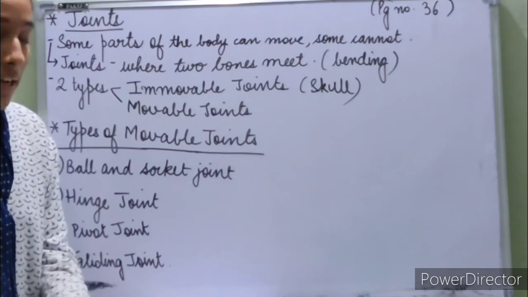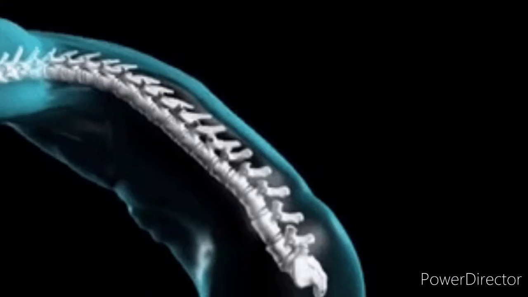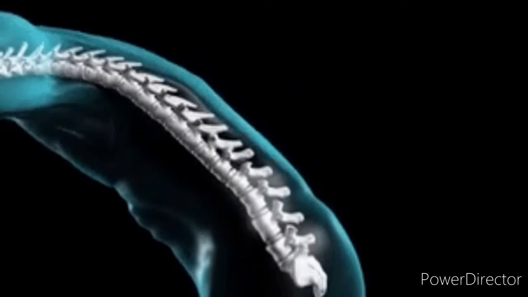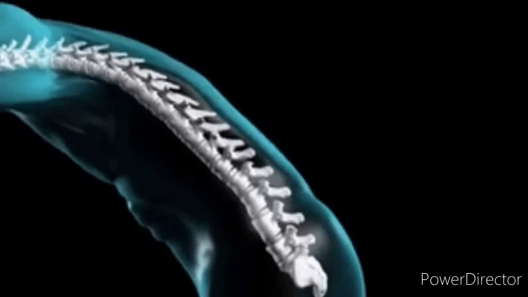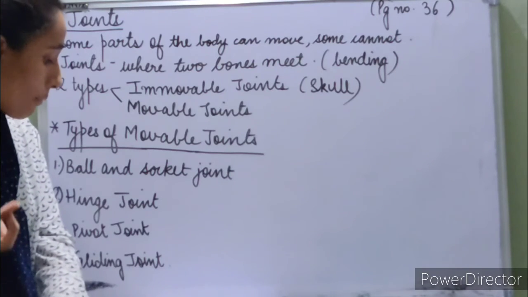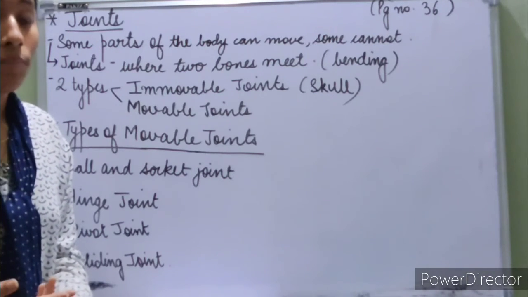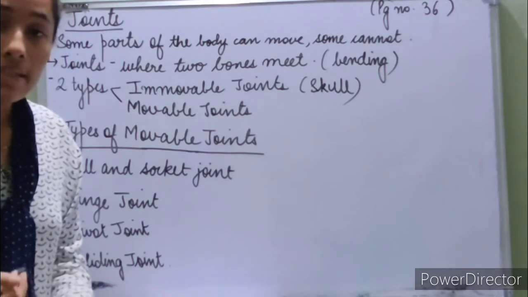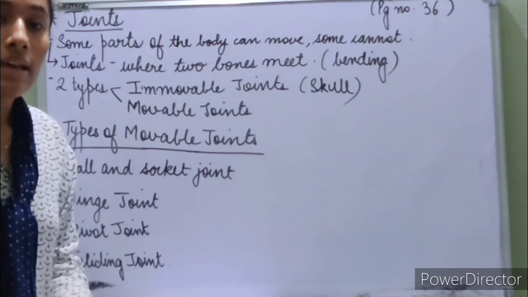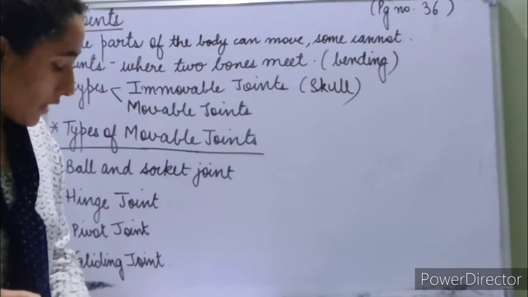We are easily able to rotate our ankles as well. They are also present in our backbone. That is the reason why we are easily able to bend our backbones, and we are also able to twist our backbones. So we have gliding joints in our wrist, ankle and backbone. It is also called a planar joint.